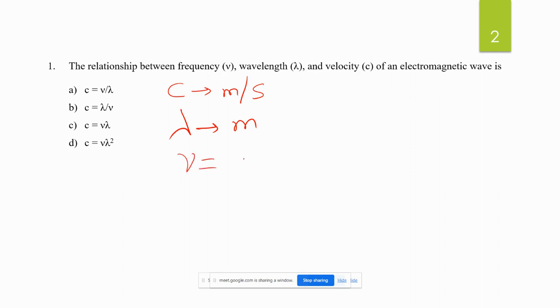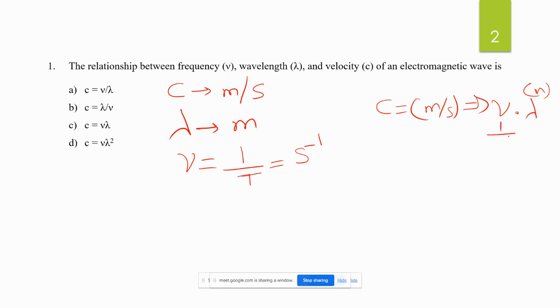And mu is 1 by time, so that is second inverse. What you want is, C is given in meter per second, and if you multiply mu and lambda, you get the same, since lambda is meter and mu is 1 by s.